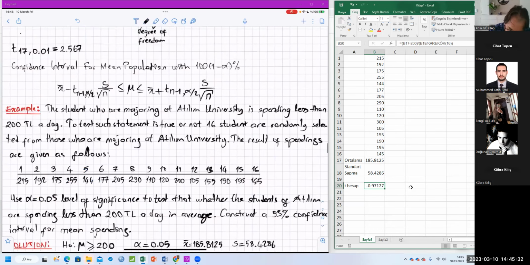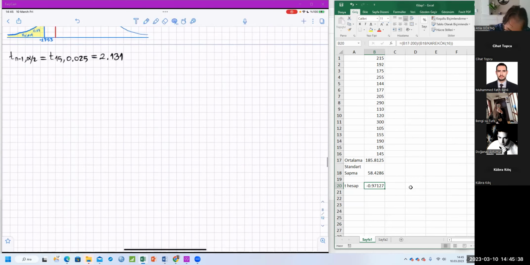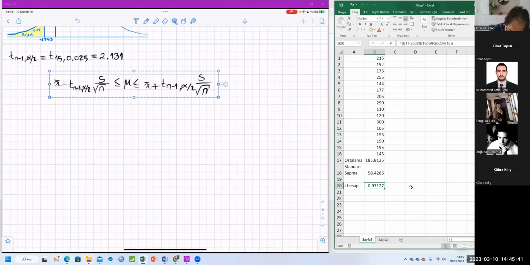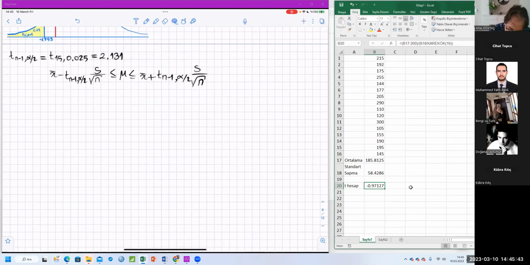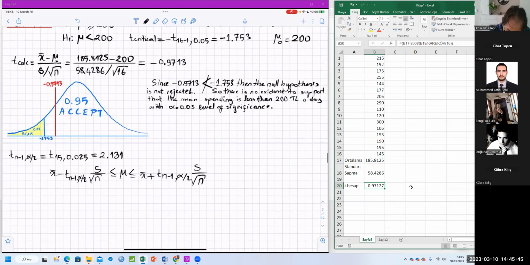Okay, so let me write the confidence interval. I already established it here. I'm going to copy this back. That's the confidence interval. Let's substitute what I need.